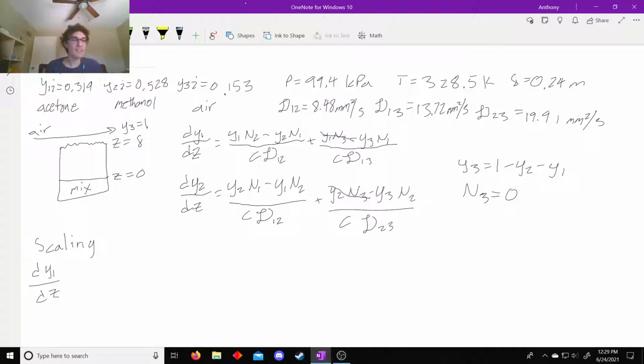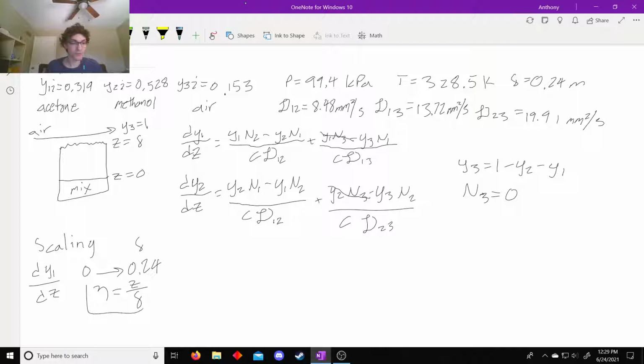Now, our variable z goes from 0 to delta, which is 0.24. So this is not between 0 and 1, this is between 0 and 0.24. So we're going to define a new variable called eta, which is going to be our independent variable divided by our max distance delta.